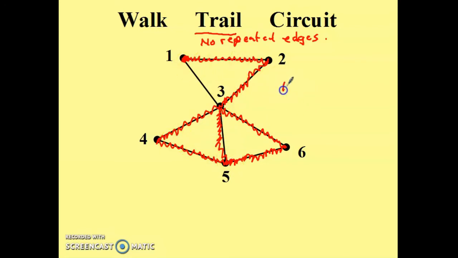That's a trail. So that was 1, 2, 3, 4, 5, 3, 6, 5. And I could do little arrows so you can see the direction I'm going in. That's a trail. Starts at 1, no edges repeat.